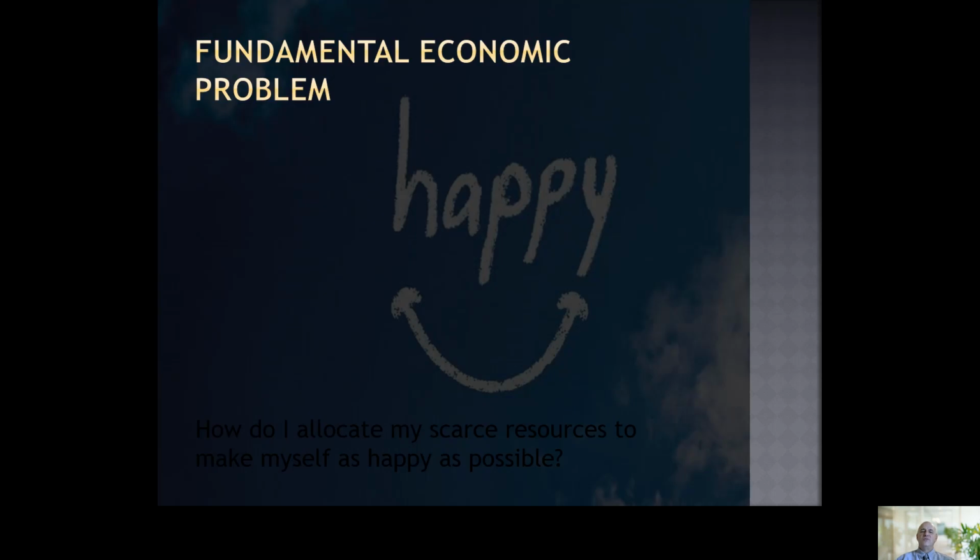satisfaction. So essentially our main goal as consumers is, how do I allocate my scarce resources to make me as happy as possible? That's really what we strive to do, is to allocate our scarce resources to maximize our level of satisfaction.